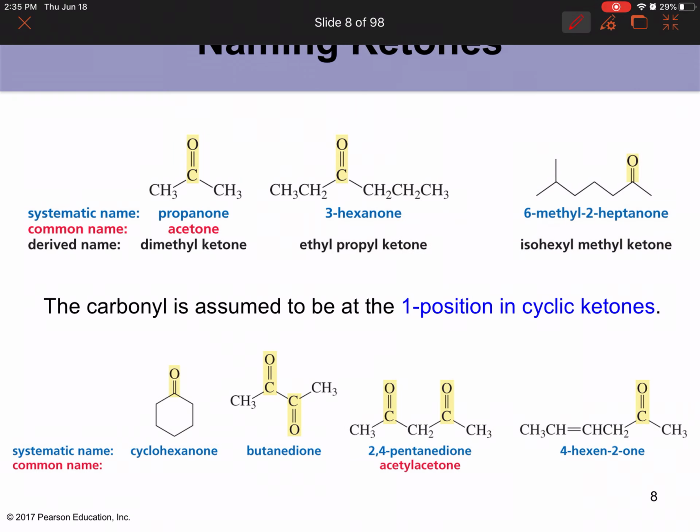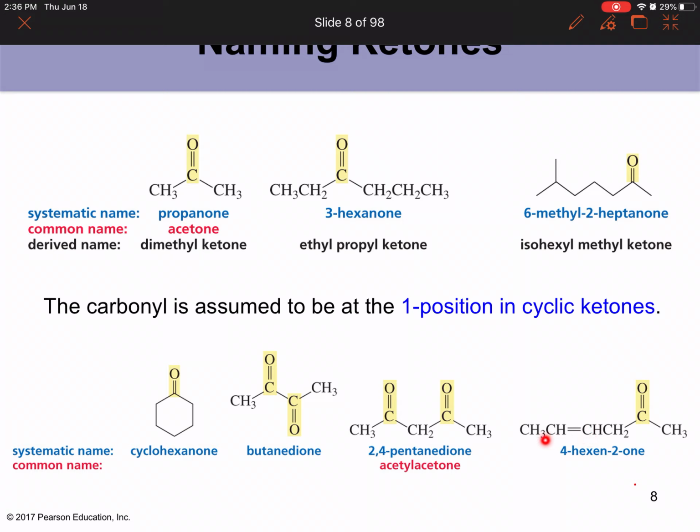And then the next one, we have a carbonyl group and an alkene, and we need to know which one gets the priority. Normally the carbonyl group gets the priority, so we number it in such a way that the carbonyl gets the lowest number: 1, 2, 3, 4, 5, 6. In the fourth position we have a double bond, alkene.